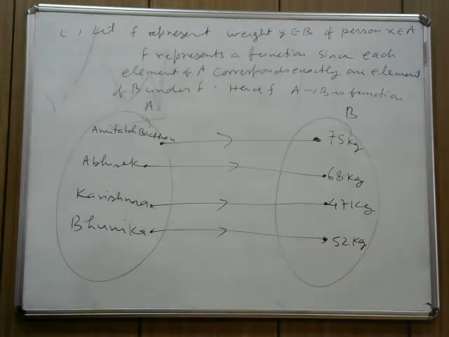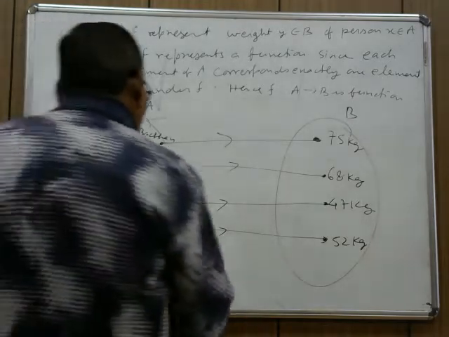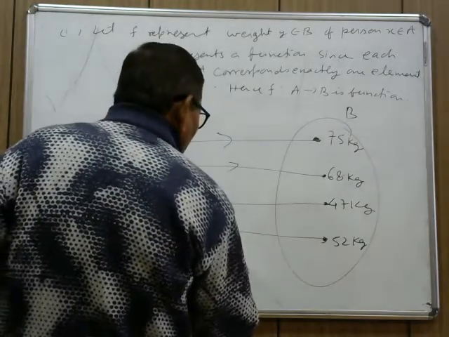First of all, each person in set A is associated with an element of B. And second condition, each member of A has one and only one weight. So both conditions of a function are satisfied here. Therefore, this pictorial diagram represents a function. Therefore, f from A to B is a function.